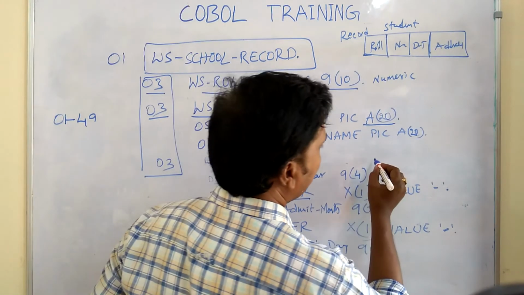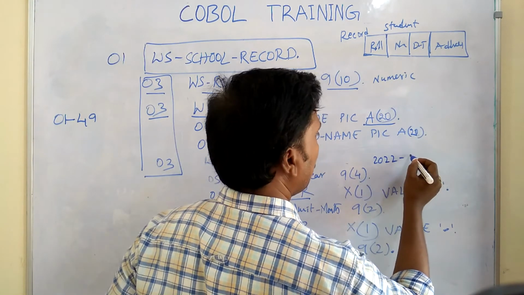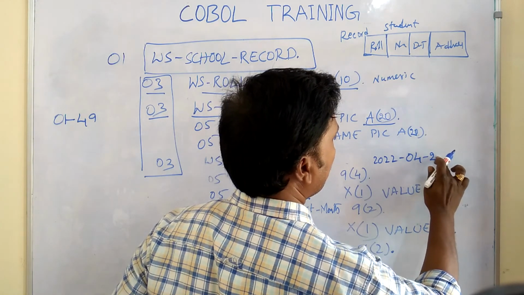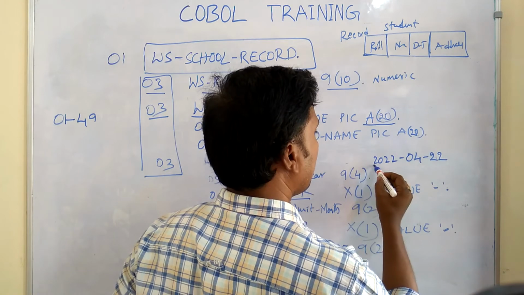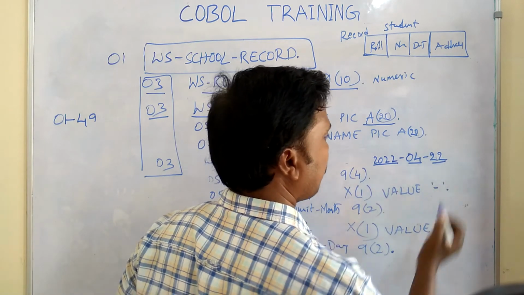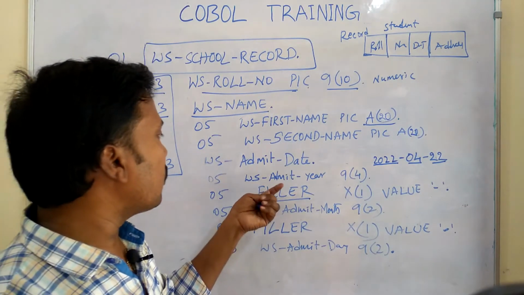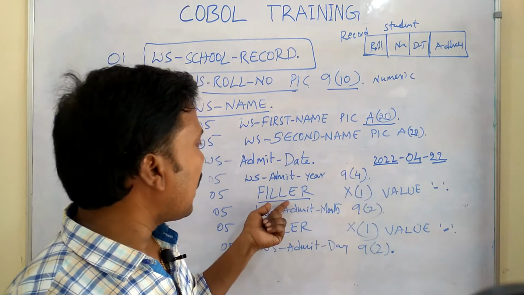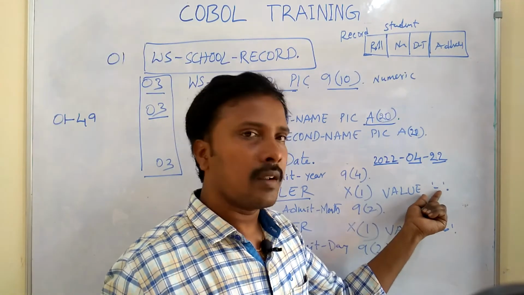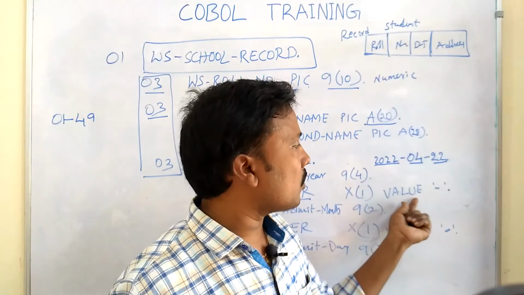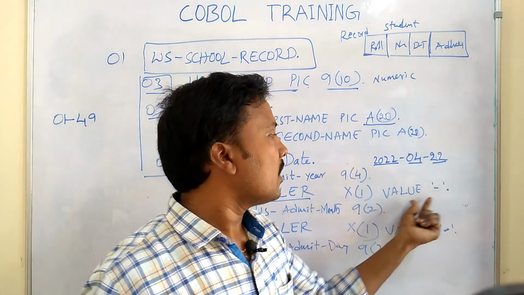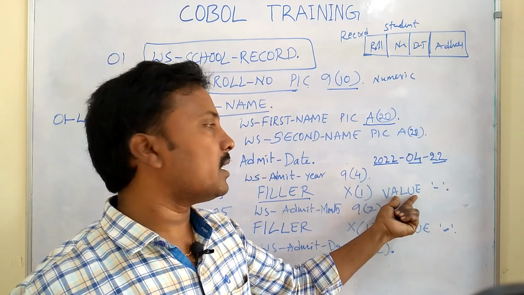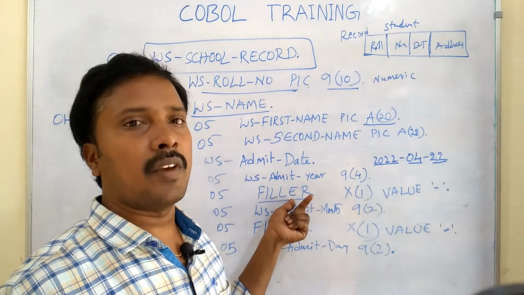So here FILLER PIC X(1) VALUE hyphen, because I want this admission date to look like, for example, 2022-04-20. This is year, month, date. So I declare WS-ADMIT-YEAR 9(4), which takes 4 digits, and FILLER X(1) VALUE hyphen, meaning in between I want a hyphen. I am mentioning the VALUE clause directly in working storage to initialize the value of this variable.